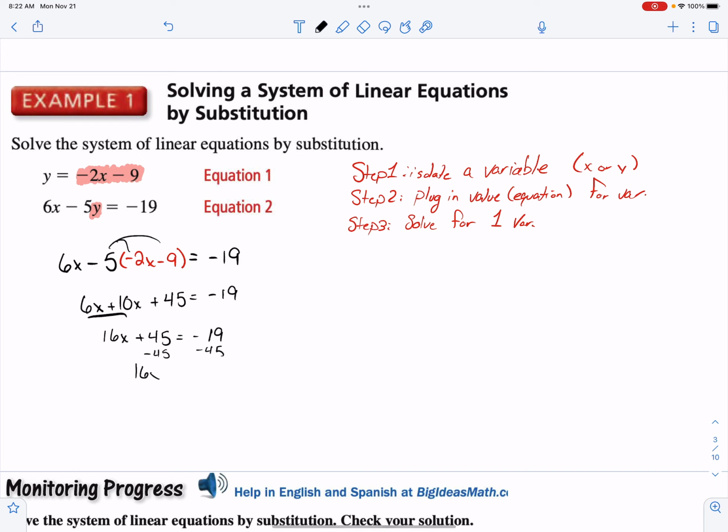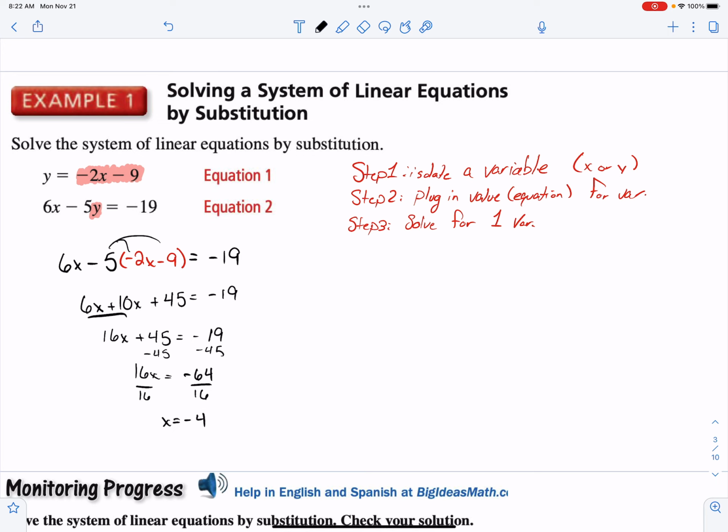So we get 16x equals, let me add this up real quick. It's early in the morning. My head is not ready for it yet. 19 plus 45. We get 64 and it's negative. And then we just divide 64 by 16. We watch our signs. x equals negative 4.